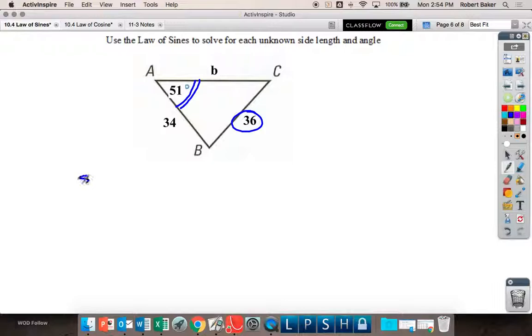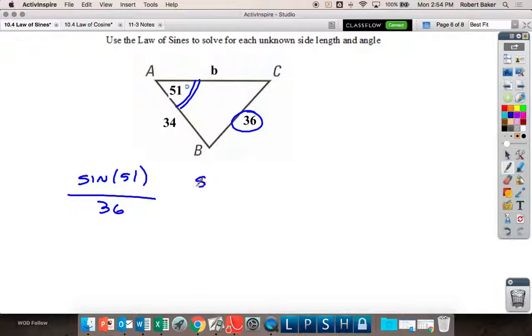So I know that the sine of 51 over 36 is a correct proportion. Now, I know you want to solve for B, but B is missing an angle and a side length, so that will not work immediately. But you do have a 34 there.